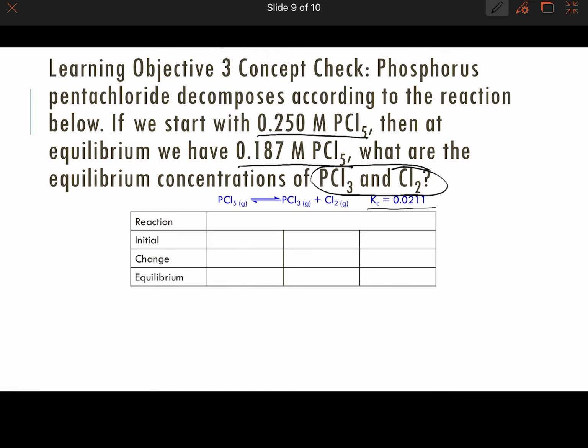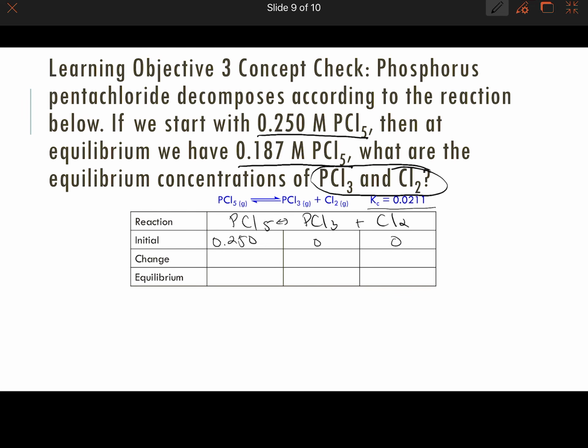So the first thing we need to do is write our equation in our table, like so, where we have each of our substances above a table with initial, change, and equilibrium concentrations. So here we start out with just PCl5, so our initial concentration is 0.250 molar, and we don't have any of our product.